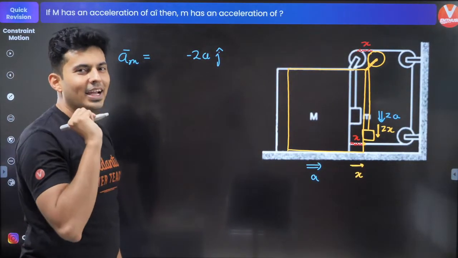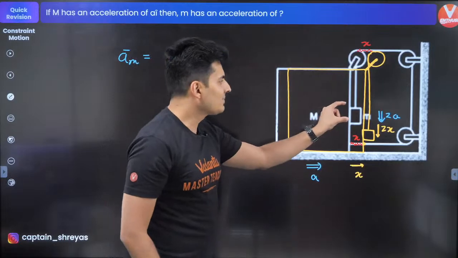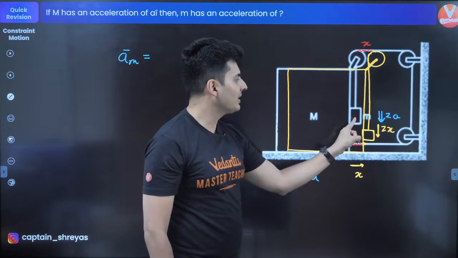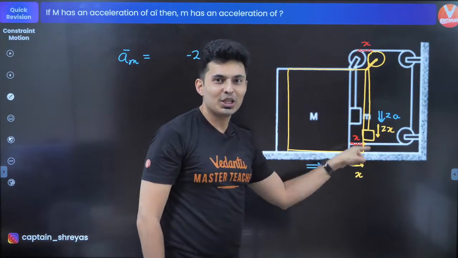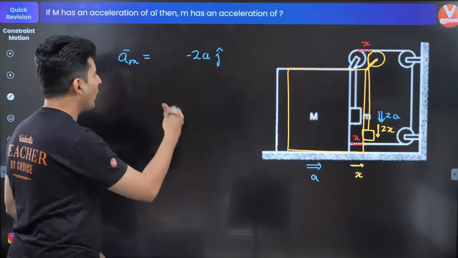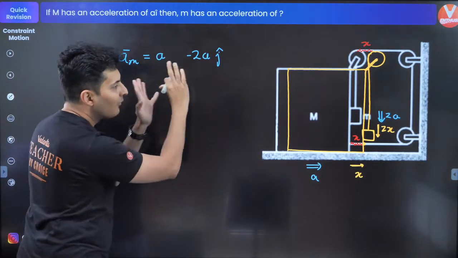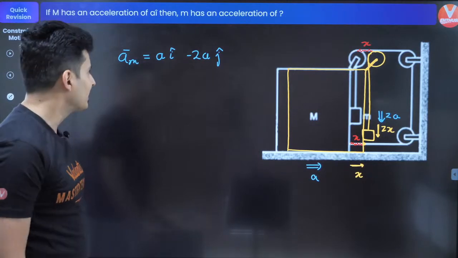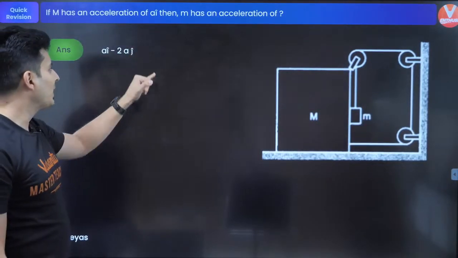But there is one small catch, many people forget it. This mass has also moved forward. You just found the y component, but it has also gone forward with acceleration a, so a i cap. This is the final answer: a i cap minus 2a j cap.